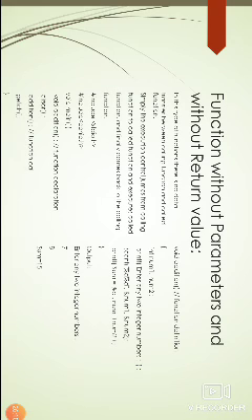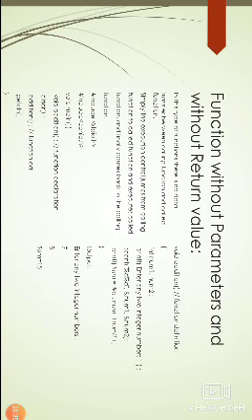After that, the printf statement: sum = %d, num1 + num2. Here 7 plus 8 will be added. The result will be placed in place of %d.